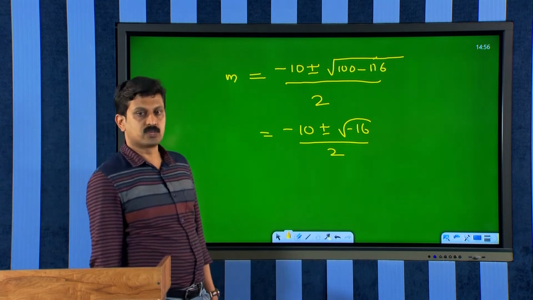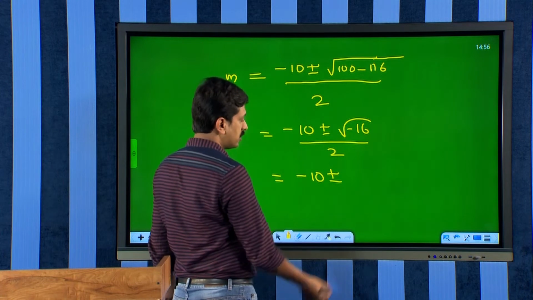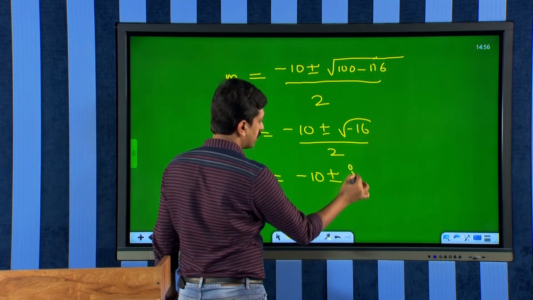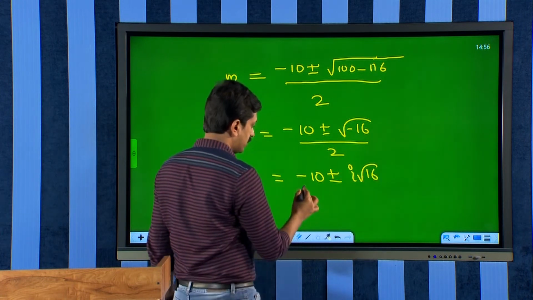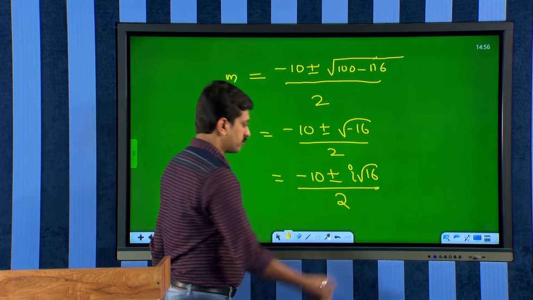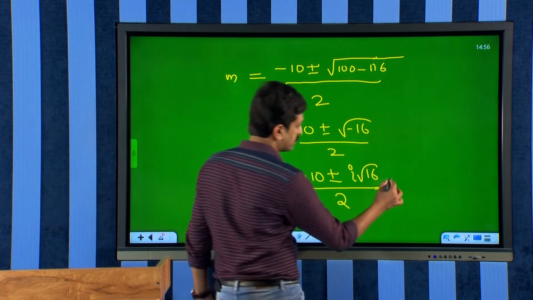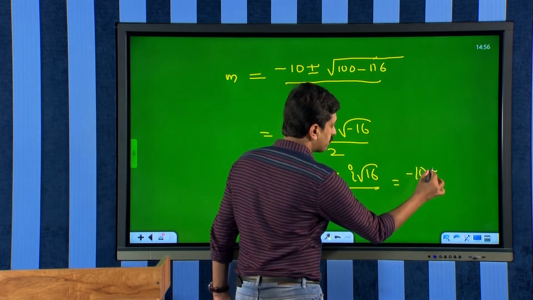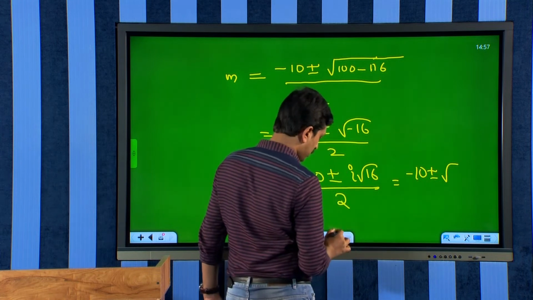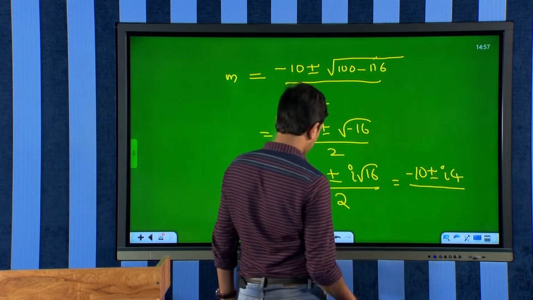So this is minus 10 plus or minus i root 16 divided by 2, that is minus 10 plus or minus i into 4, divided by 2.